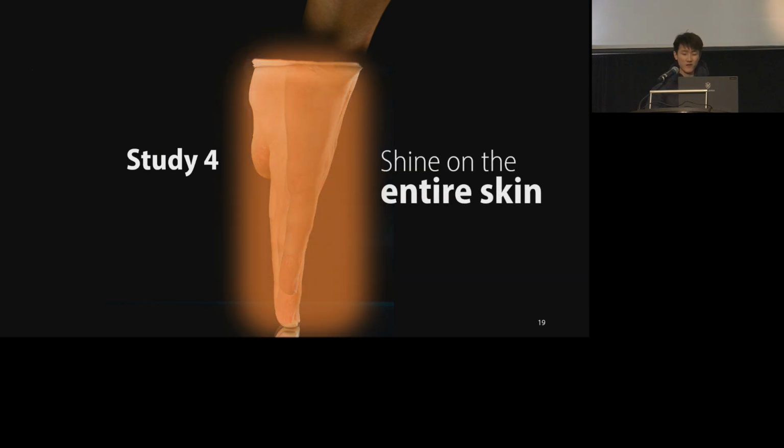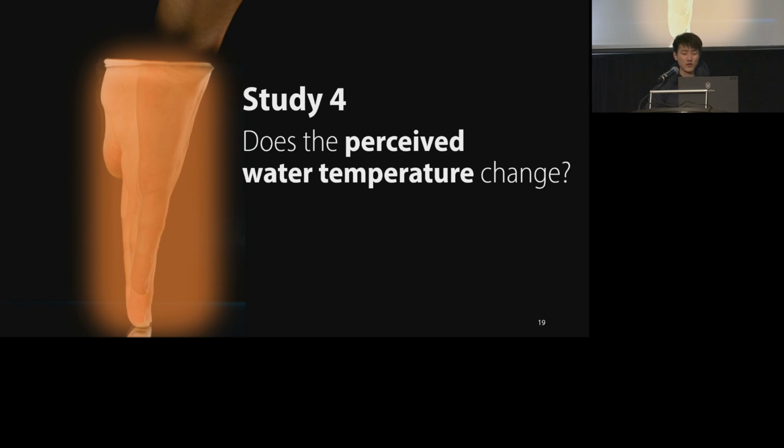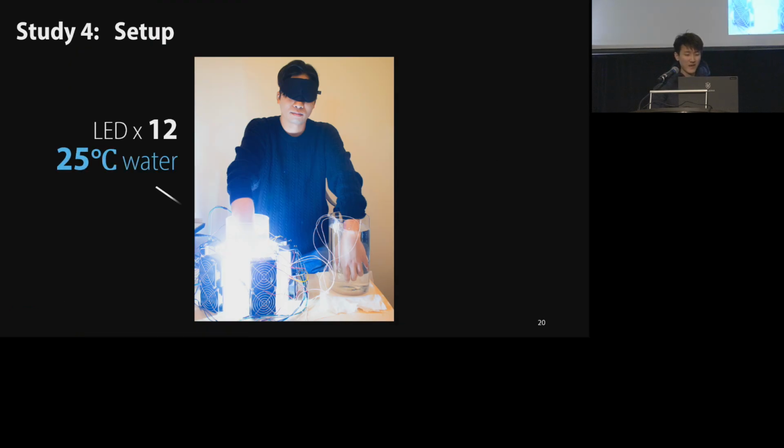I shine the light on the entire skin underwater, and we investigate if it's actually causing a water temperature illusion, like changing water temperature, not just warmth in the cold water. I put many LEDs around the cold water, and I also prepared a reference water to compare the water temperature between them.